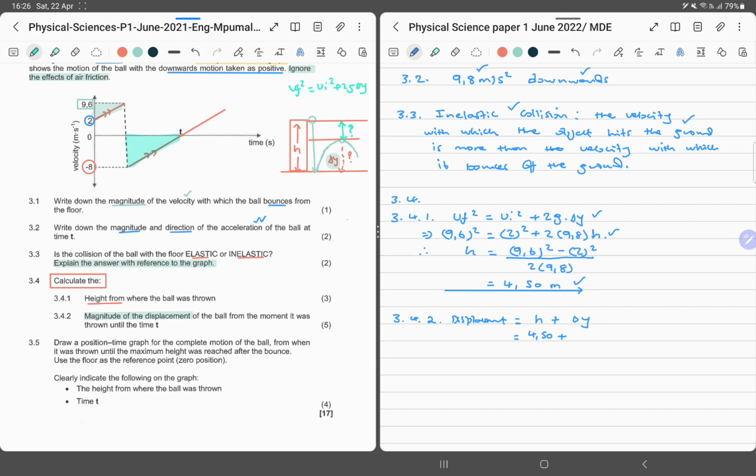If we make delta y the subject of the formula, delta y is going to be the final velocity squared minus initial velocity squared, divided by 2 into g. So that's what we want.